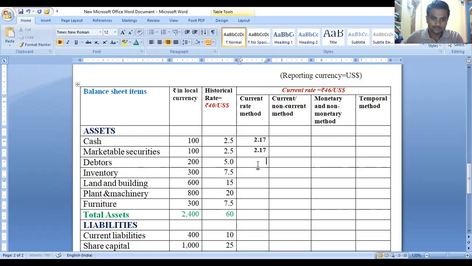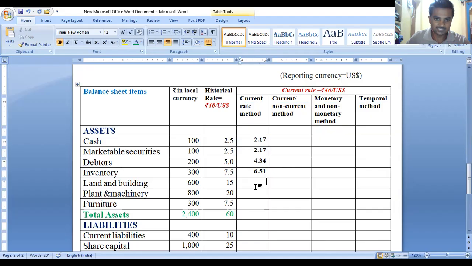In case of debtors, 4.34. So by selling 300 rupees, how much dollar would we get? So you would get 6.51.